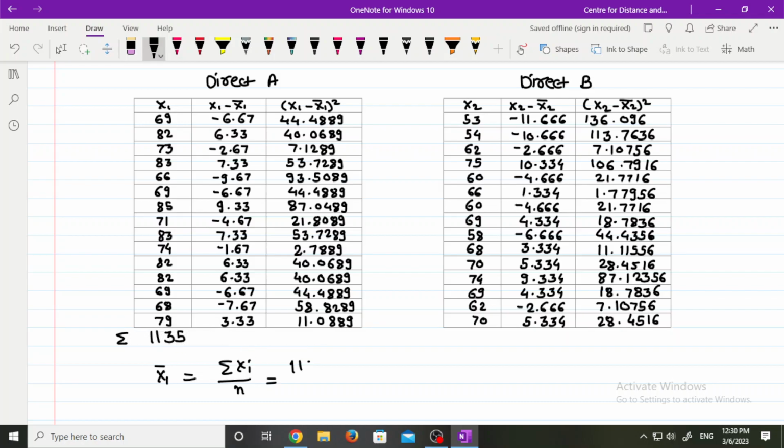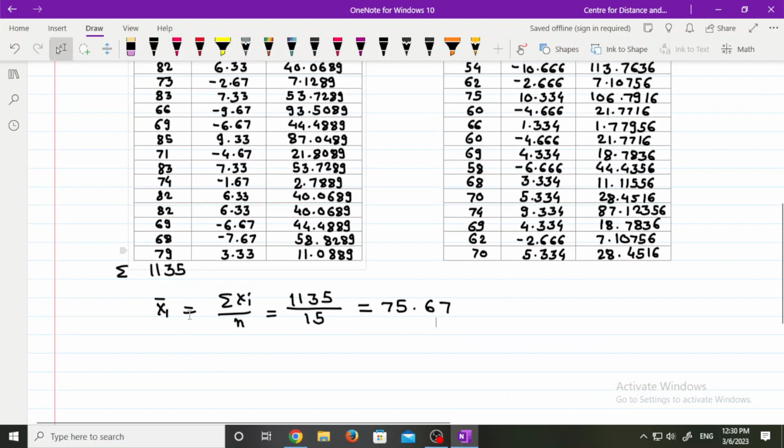We write 1135 divided by n, the number of observations. There are 15 observations, so n is equal to 15. When we divide 1135 by 15, we get 75.67.